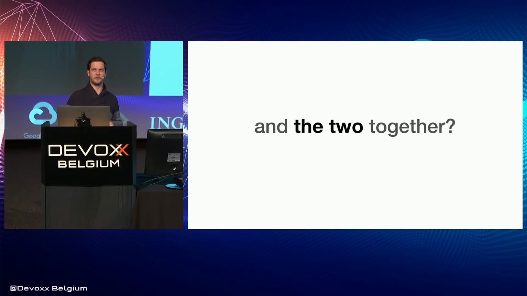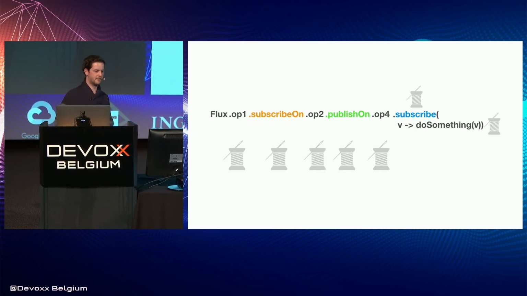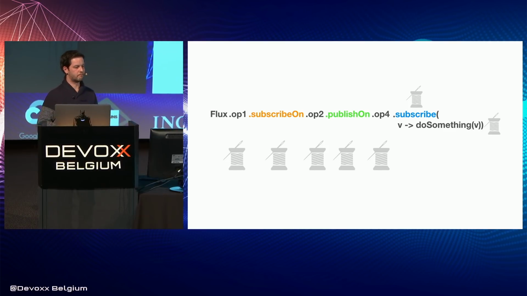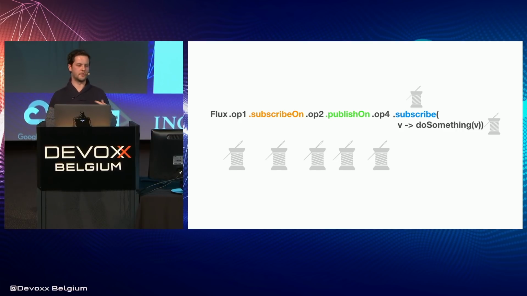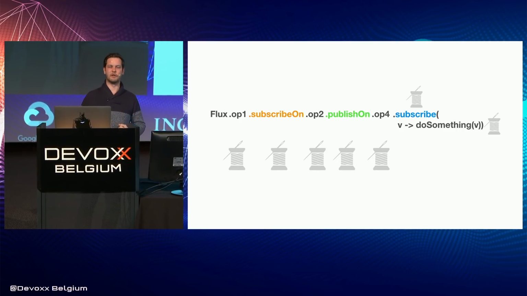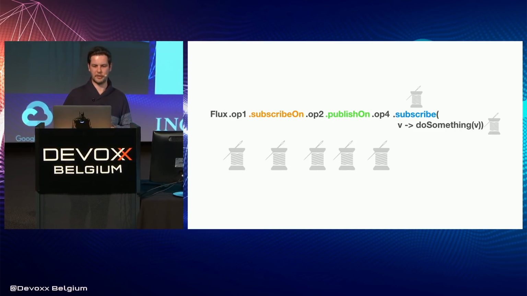What about the two together? Want to try a guess? So, if we have subscribeOn in the chain, followed by publishOn, and we subscribe to that. And by the way, when you subscribe, you can also pass in a lambda to say, okay, the final form of my data, that's how I want to consume it.